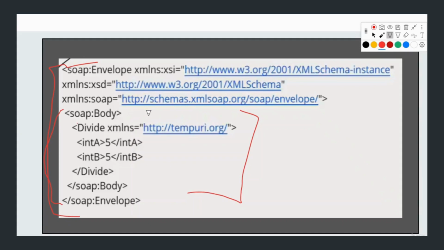So what is this SOAP message telling the server or the web service? This is a divide operation, right, and it contains two attributes, integer A and integer B. It is telling the service provider or web service that it needs to perform the divide operation on these two integer elements, and it will in turn send back the response, that is the result of division of these two numbers, right.